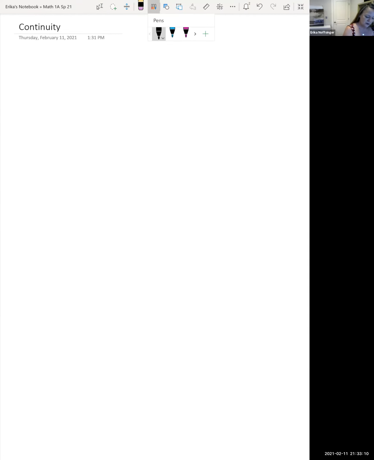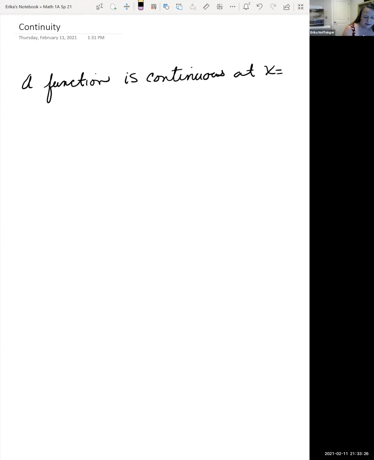So we say a function is continuous at x equals a if and only if, so this means this has to hold true.